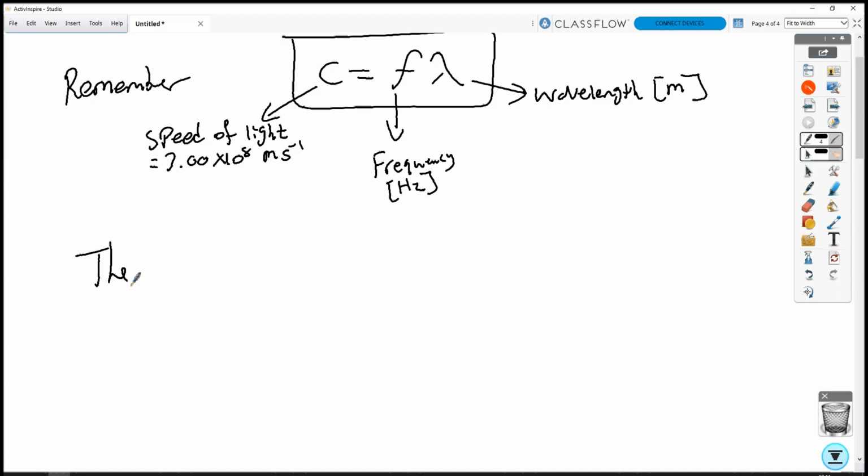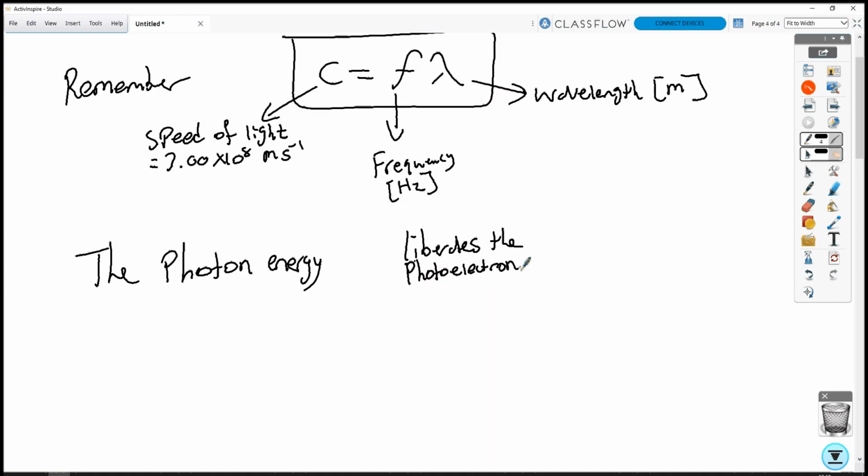The photon energy, which is absorbed by the electron, liberates the photoelectron, and gives it kinetic energy.